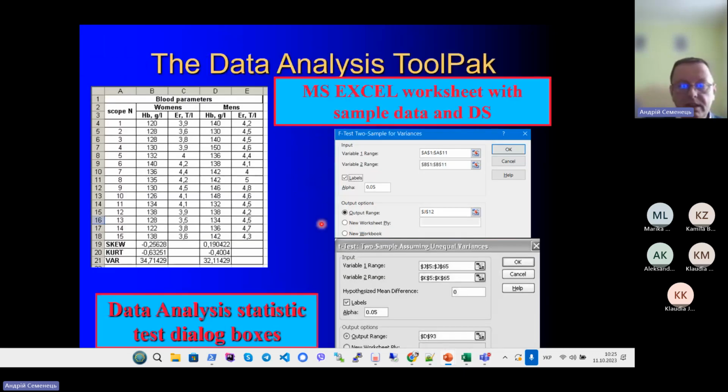So just a quick example, we have the last 5 minutes. With this data, with this task, we are going to prove that there is a significant difference in hemoglobin and erythrocyte level of people of different gender. For men and women, that difference is significant.